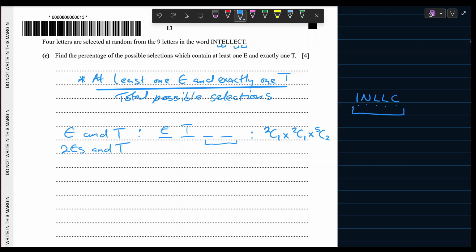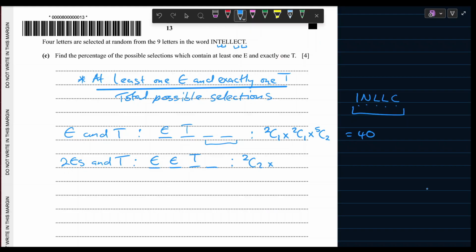Okay, so let's punch that into the calculator. That's going to be 2 times 2 times 10. So that's 40. And then I'm just going to move this second scenario downwards so that we have more space to work it out in. Okay, so here we've got, again, 4 slots, but here we want to select both E's and one T. So again, we've got a total of 2 E's, so we're picking 2 from 2.